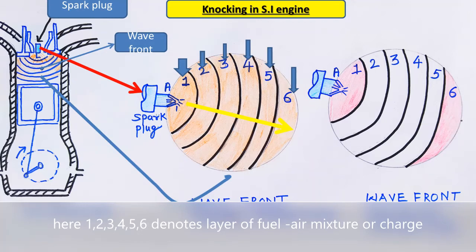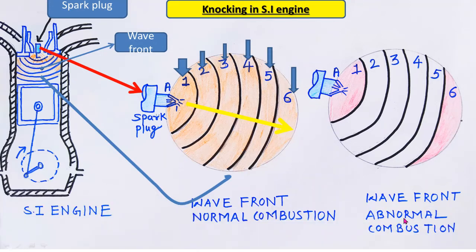Now let us see what abnormal combustion, or the cause of knocking, is. Suppose this sequence 1, 2, 3, 4, 5, 6 of burning of the layers is disturbed. Then a process called knocking will occur in the engine. Suppose the spark is made and the layer of charge in immediate contact with the spark plug, that is layer 1, gets ignited, as you can see in the next figure.